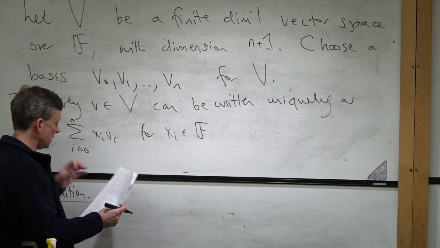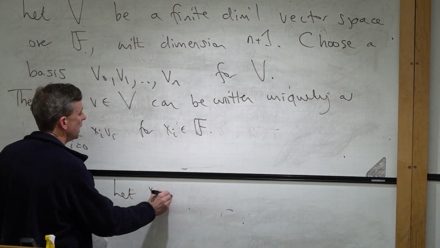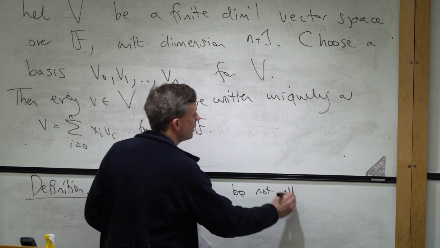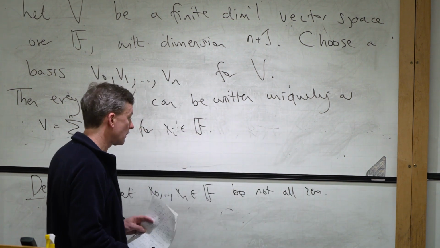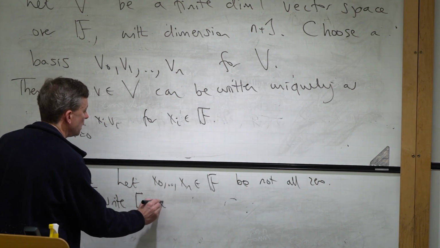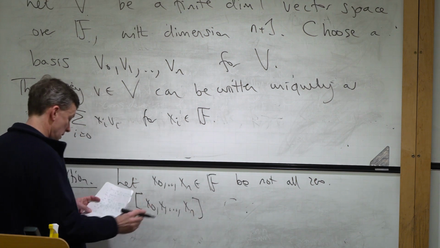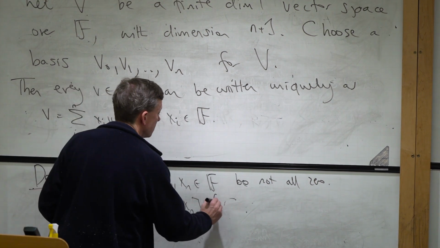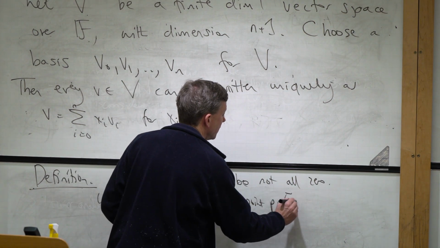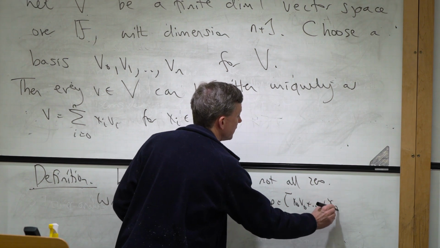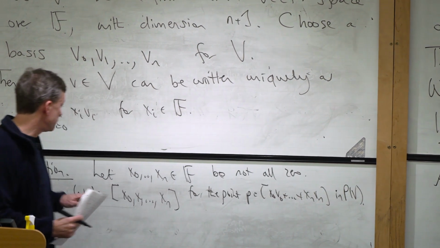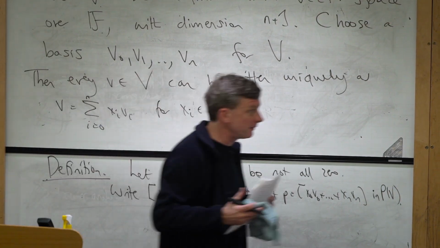If we let x0 up to xn in our field be not all 0, then we're going to write square brackets x0 up to xn for the point p equals the bracket of x0 v0 plus up to xn vn in P of V. It's important to use square brackets here because we're going to use round brackets to mean something different.